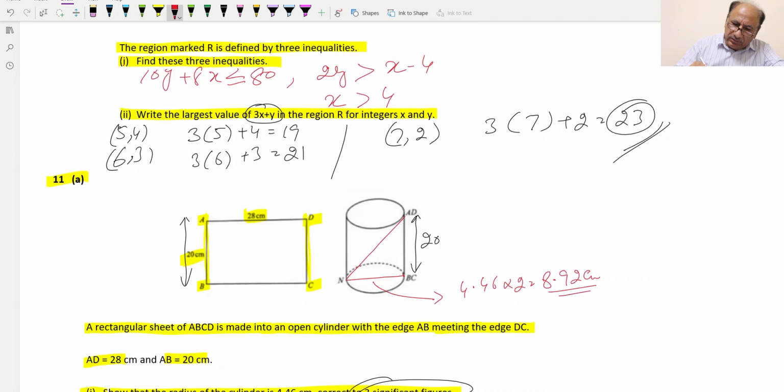And now we can consider this as theta, and we can consider this triangle.